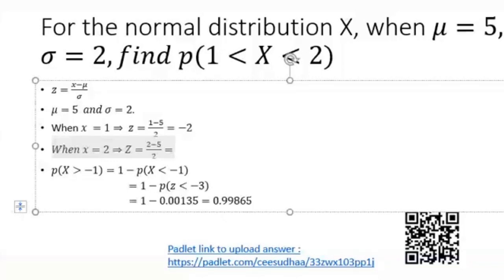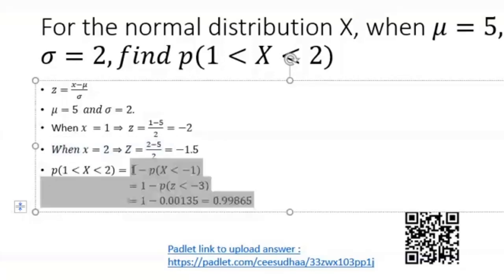So the question given here is probability of 1 less than x less than 2. Here we don't put minus or 1 minus like that. Very simple thing. We will convert this into two parts. How are we going to convert this?